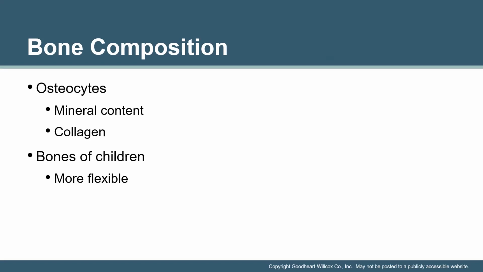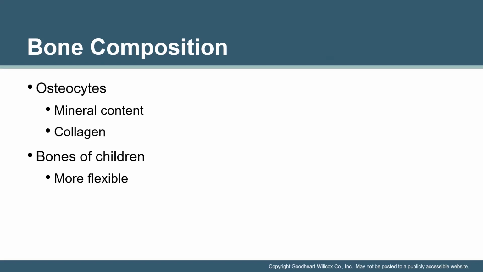Now, when we talk bone marrow, there are two types. There are yellow and red. Both have a rich blood supply, but the yellow is primarily fat. And as we age, we will transform our red marrow into yellow.